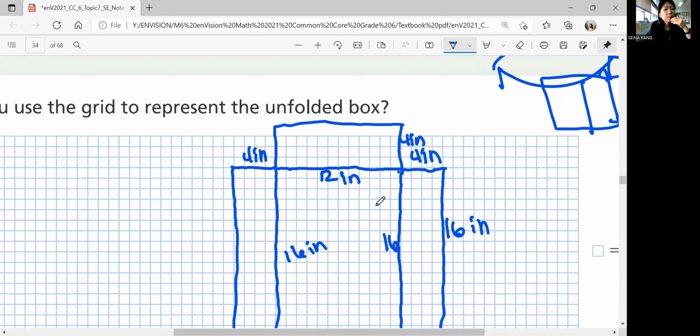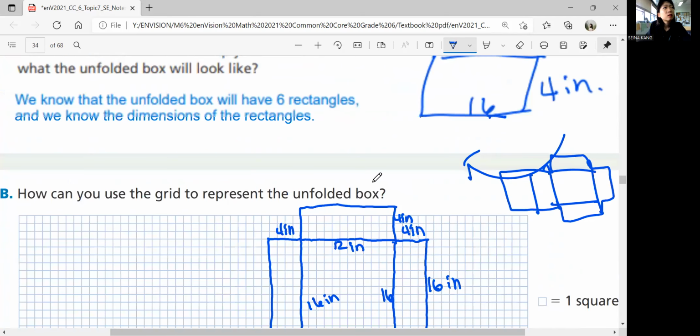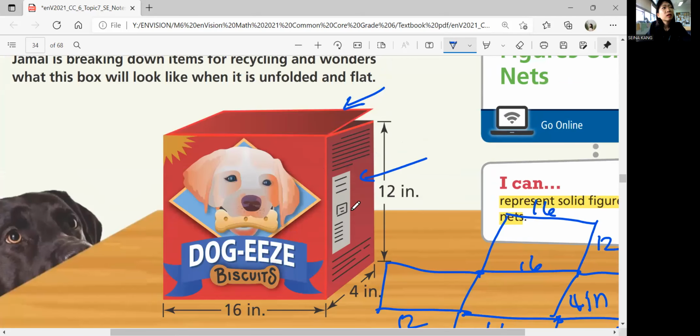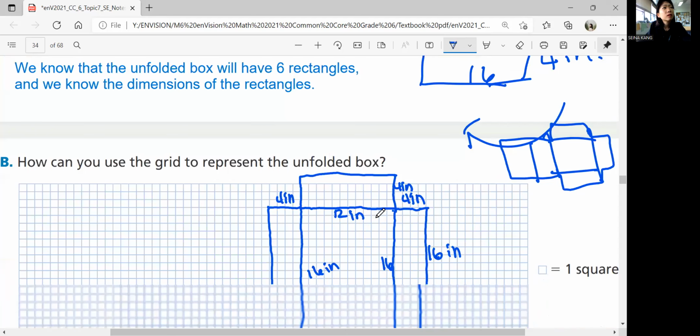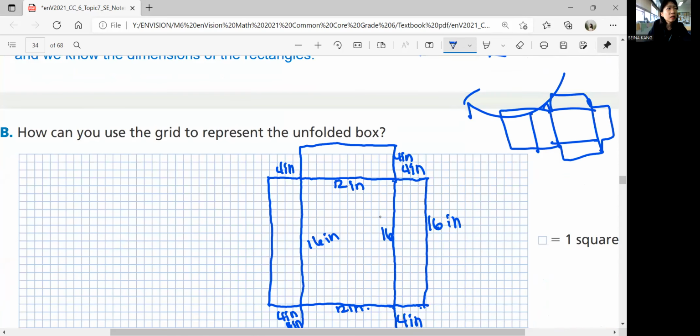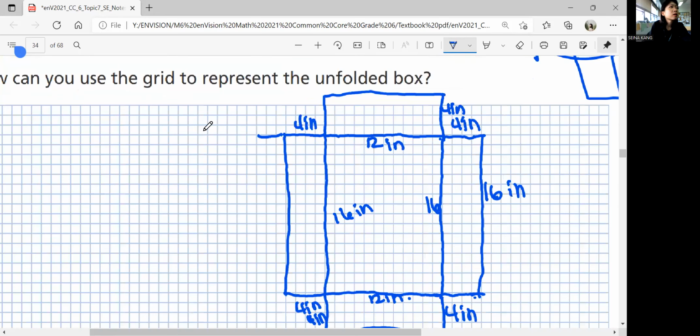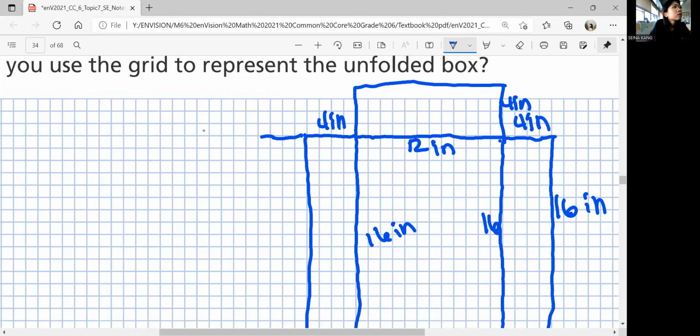And then what are we missing? We're missing the behind part. Another 12 by 16 inches. So let's put it over here since it's connected to the top. So we're going to count another 12. 2, 4, 6, 8, 10, 12. There we go.